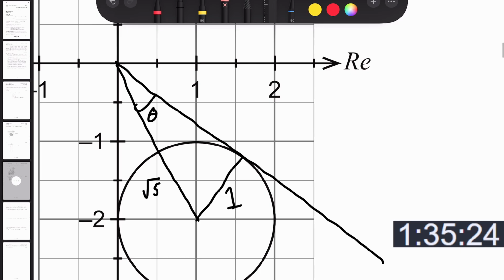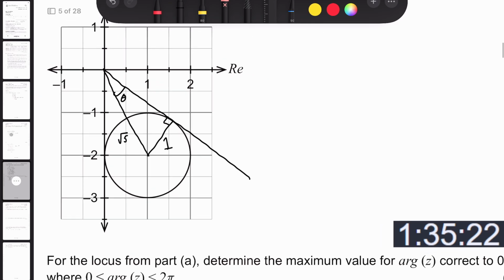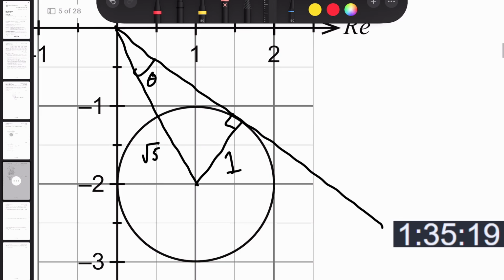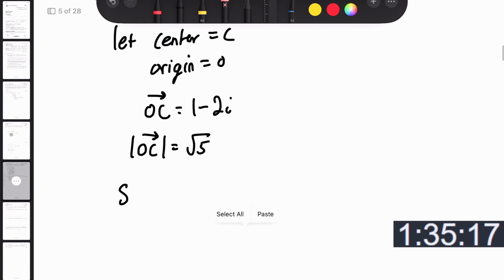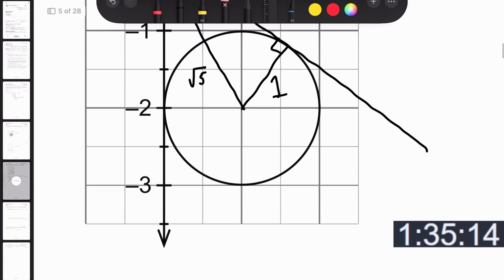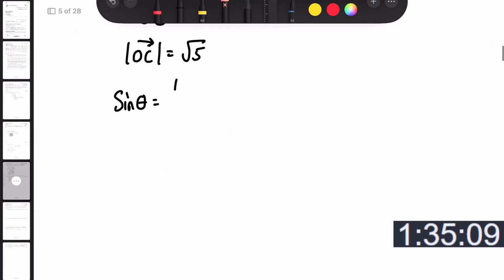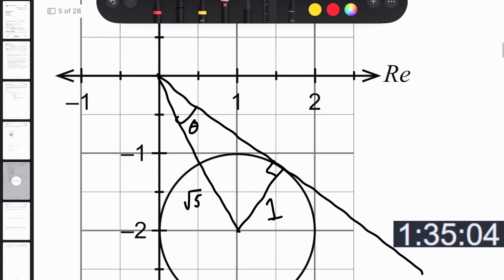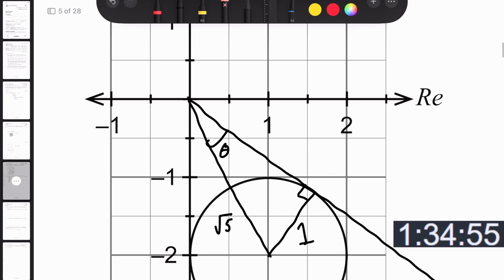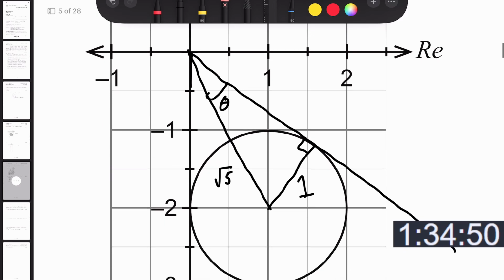And that means that this theta here, that's 90 degrees. So sine of theta is equal to opposite over hypotenuse, which will be 1 on square root of 5. After I find that, what else am I going to find?